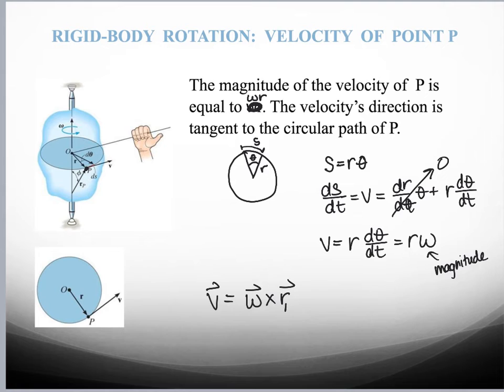It's r sub p, those two vectors. So the r is going from, say, some central point to where p is, and then if we cross that with omega, or omega cross r, sorry about that, that's going to give us our velocity vector. This is actually going to give us both the direction and the magnitude, but you can see that we're going to get omega times r for that expression.